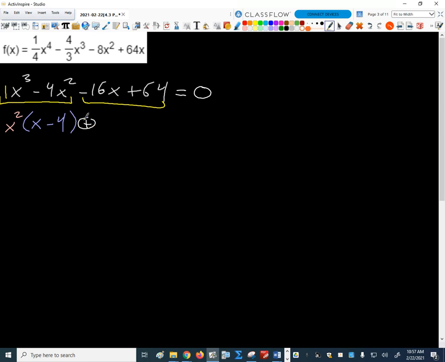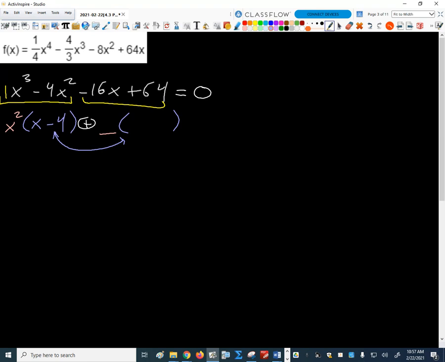Okay, so then in the other group, I'm going to have 2 parts to that, right? I'm going to have something that I factor out, and I've got my remaining binomial. And remember that the remaining binomials need to be the common factors in the 2 groups. Those always have to be the same, right?